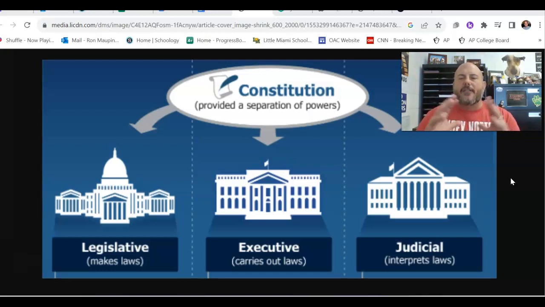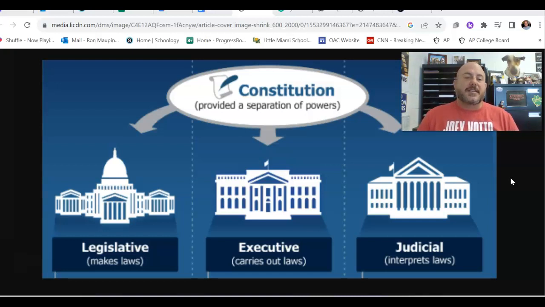It's taking all of that power of government in totality and divvying it up into different branches, each with a different set of responsibilities. In our system, as you can see here in this graphic, we divvied it up into three branches. One of those branches being the legislative branch, and that branch makes the laws.